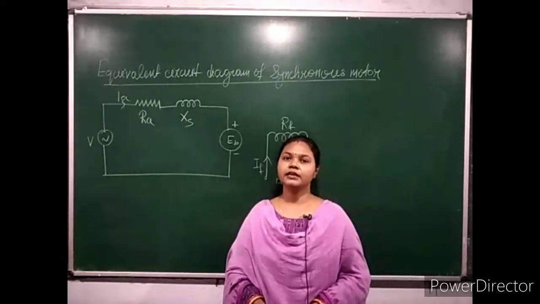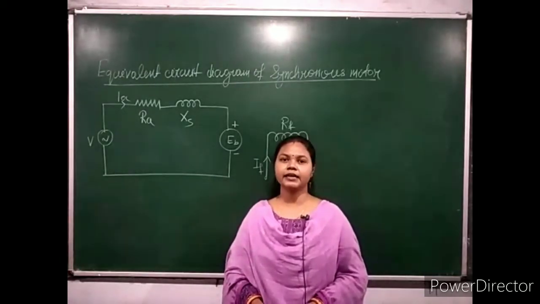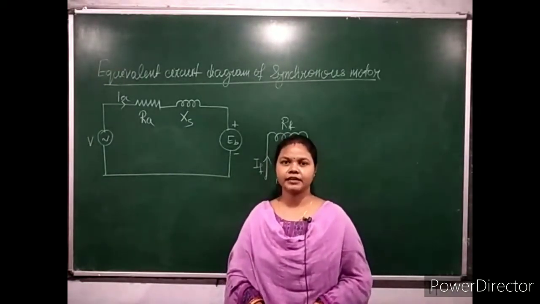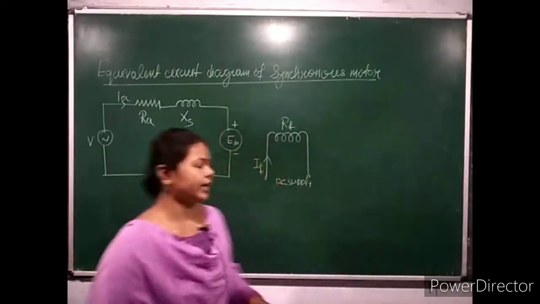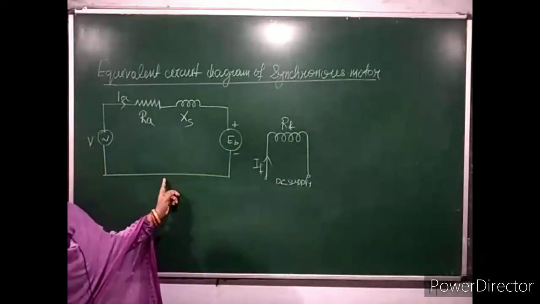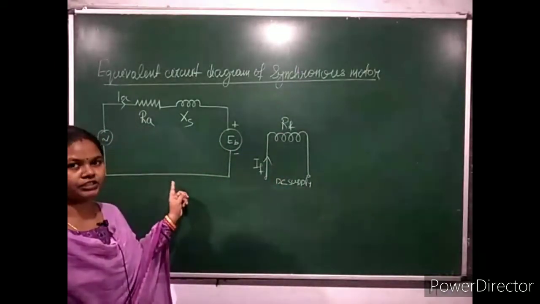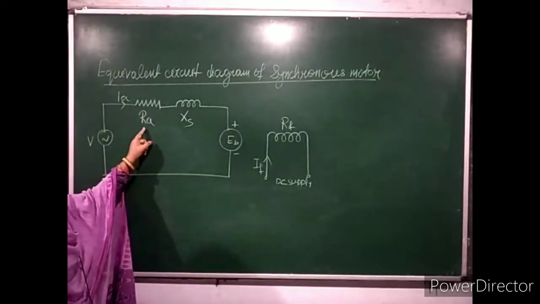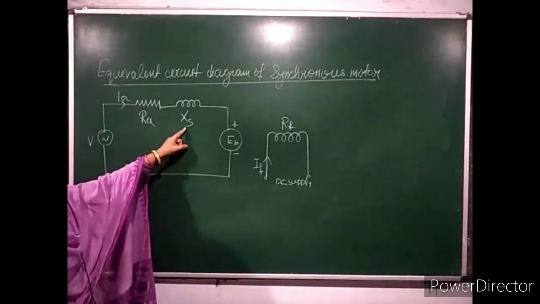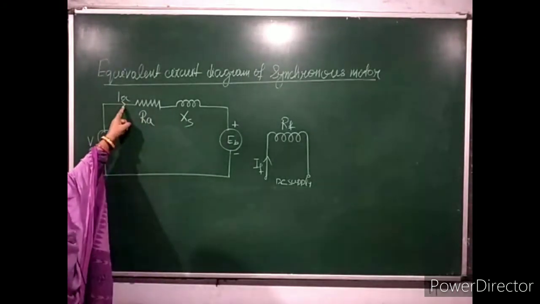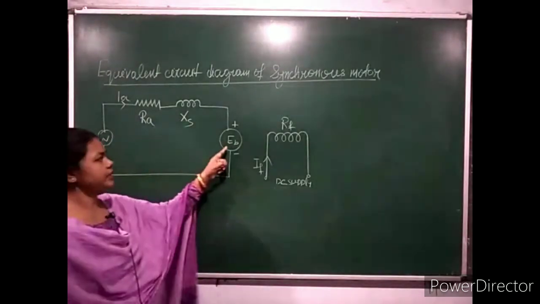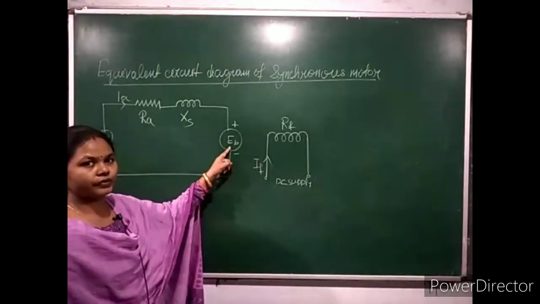Its equivalent circuit diagram is very similar to the synchronous generator. Here I have drawn the equivalent circuit diagram of a synchronous motor per phase. Ra is the armature resistance, Xs is the synchronous reactance, Ia is the armature current, V is the supply voltage per phase and Eb is the back EMF per phase.